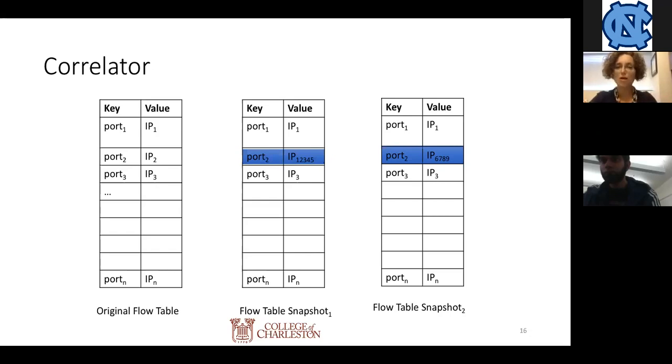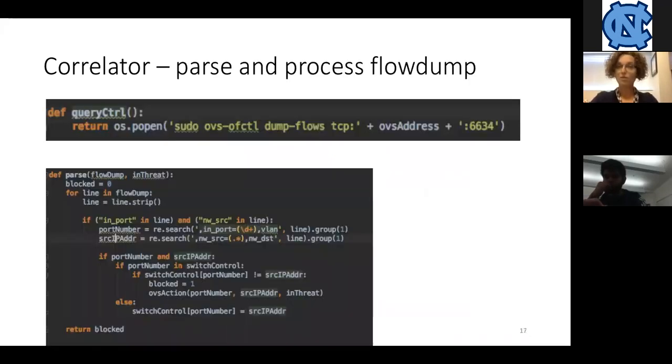So this is how we leverage the spoofed IP part of the signature of the SYN flood attack, and we use this nice flow table information to say, yes, this is a spoofed SYN flood attack. It's coming in from port 2. This is probably an insider that has been compromised, and we're going to block them.